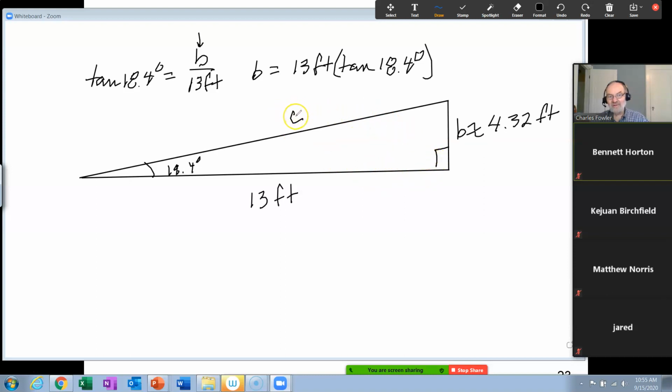That is your strange Greek word. It's not another tangent, it's your hypotenuse. So what trig function relates this angle, the adjacent side, and the hypotenuse?